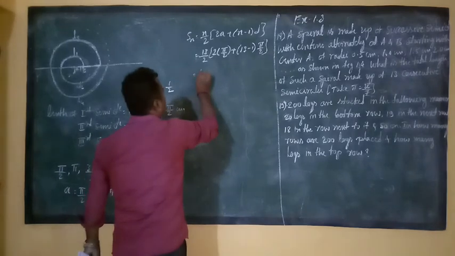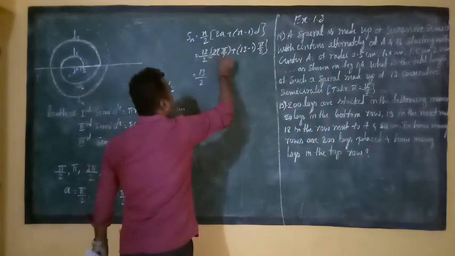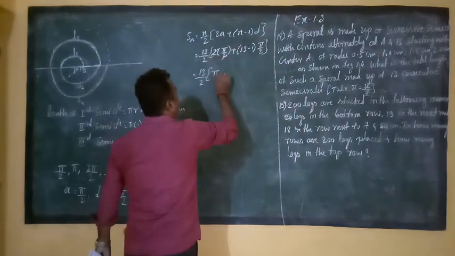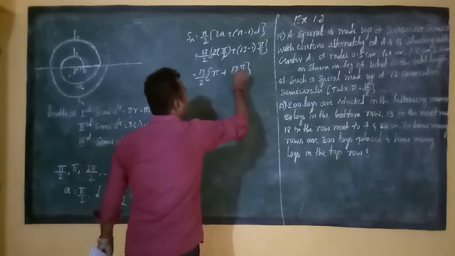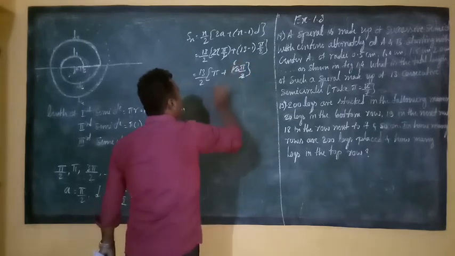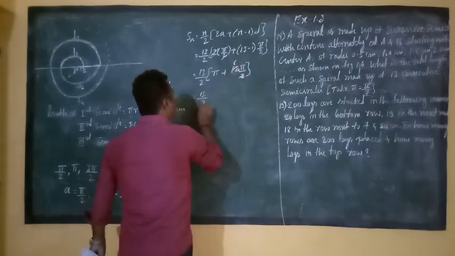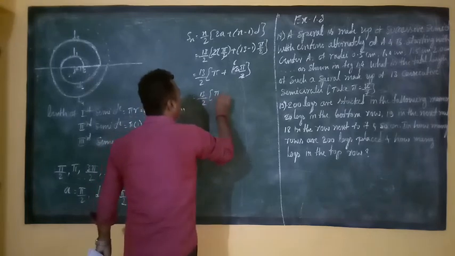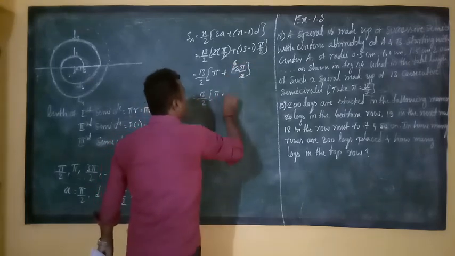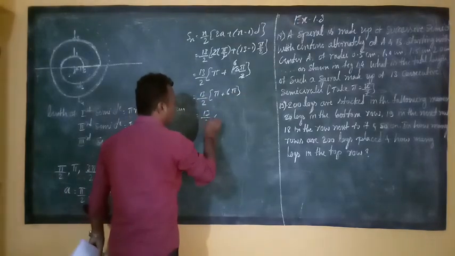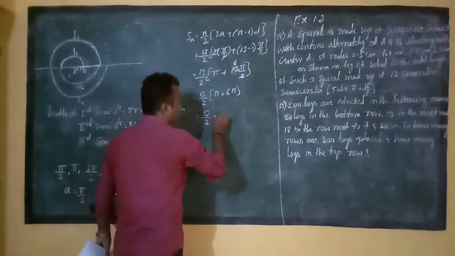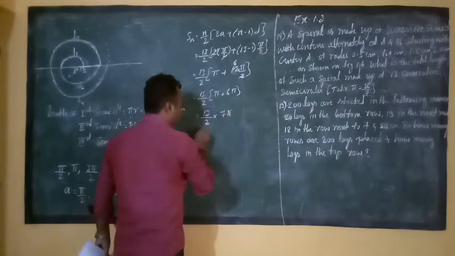Next, 13 by 2 as it is written, the 2s get cancelled, remaining is pi plus 13 minus 1 is 12, 12 pi by 2, which is 6 pi. So 13 by 2 into pi plus 6 pi, that is 13 by 2 into 7 pi.